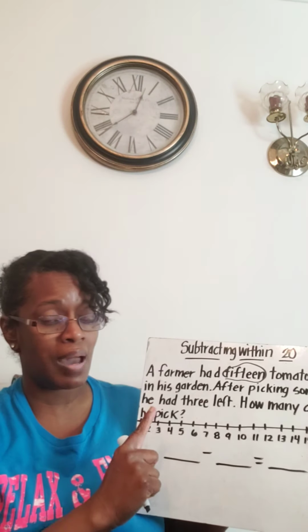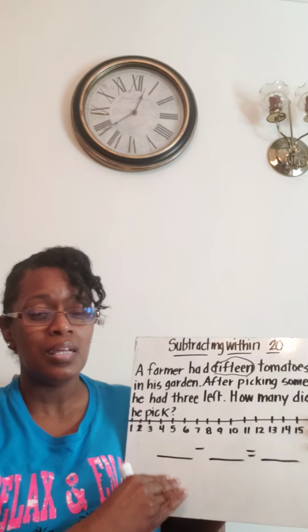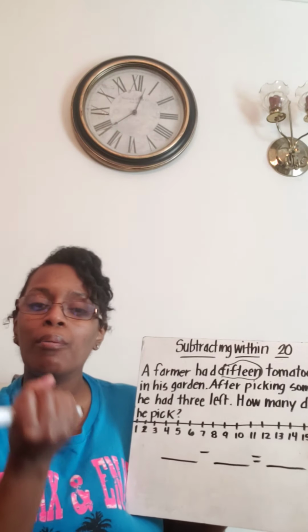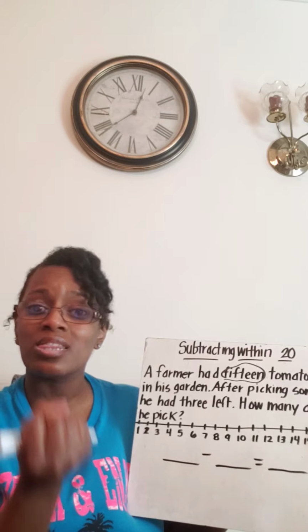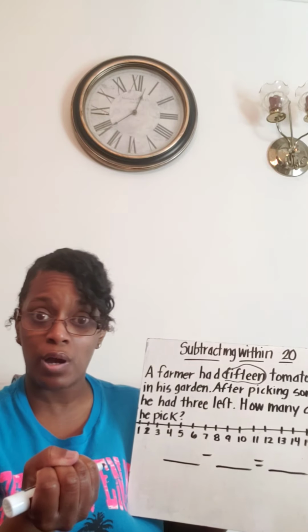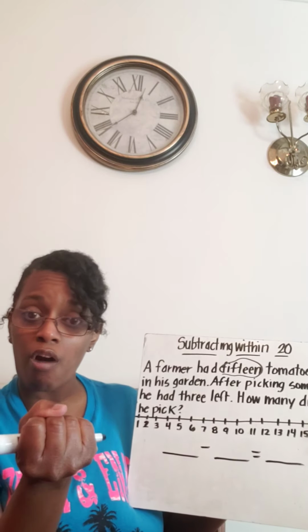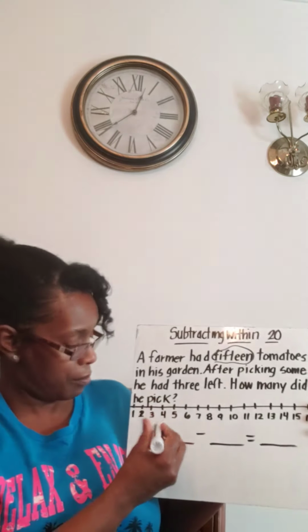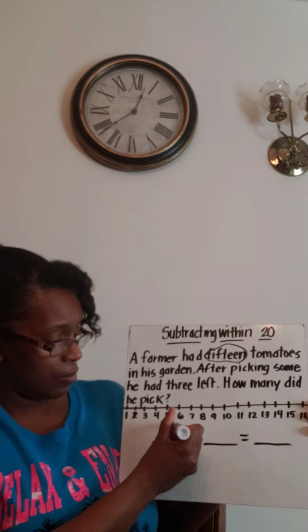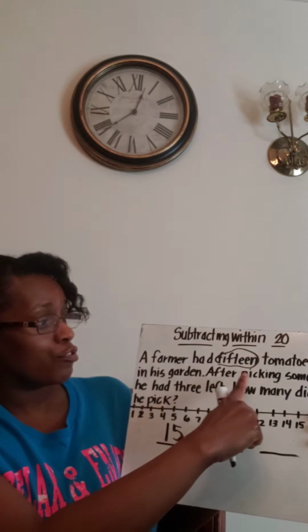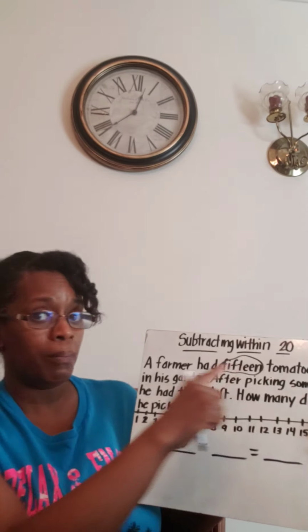Now let's think about that because we're going to really need to put those numbers in our number sentence. How many tomatoes did the farmer start off with at first? Yeah, 15. Because that's what he started off with, that's going to be our biggest number. We're going to put 15 here. Now let's think about what happened. After picking some, boys and girls, how many did he pick?